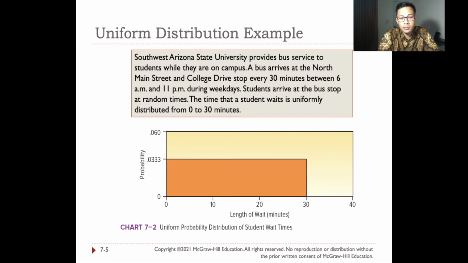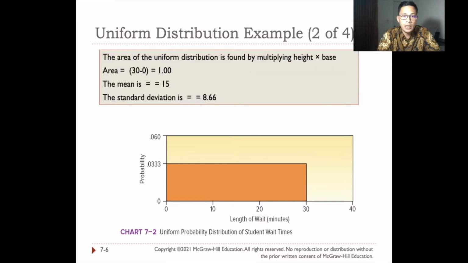So in this case, A is 0 and B is 30, and the height is 1 over B minus A, which is 1 over 30, or 0.033. The area of the uniform is 30 minus 0 times 1 over 30, which is equal to 1.